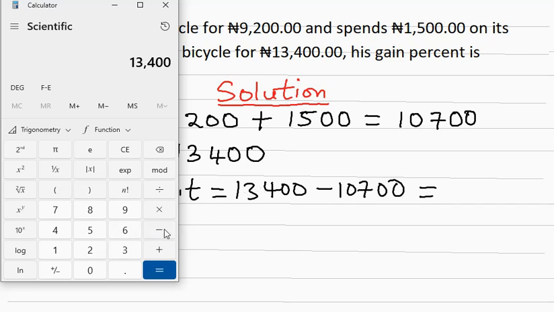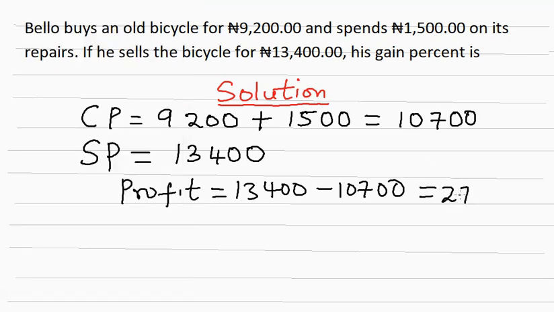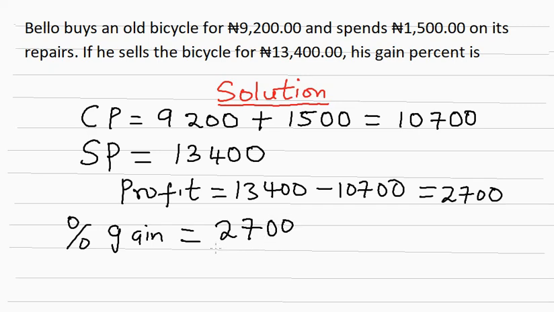So let's go. 13,400 minus 10,700. What do we have? 2,700. So let's now calculate the percentage gain or profit. Percentage profit is always profit, 2,700, divided by the cost price, which of course is 10,700, then multiplied by 100.